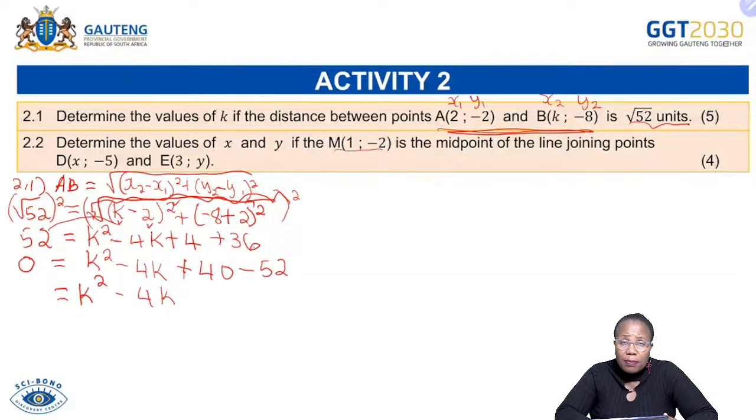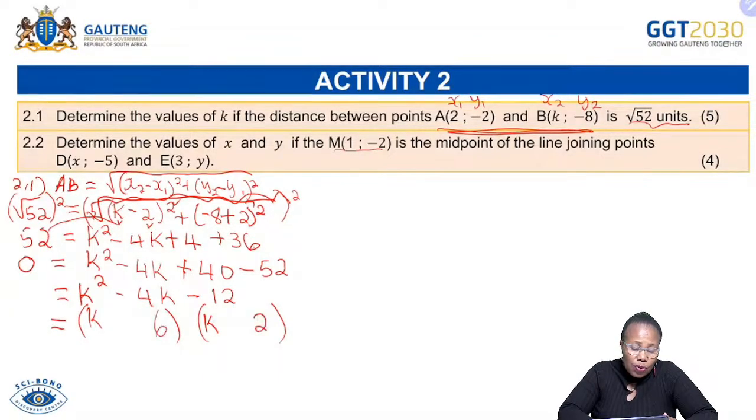The 40 minus 52 is minus 12. And then factors of 12, when you add them, you get negative 4. That will be k and k. And then 12 is 6 and 2. And then 6 is negative and 2 positive. Therefore, k is equal to 6, or k is equal to a negative 2.